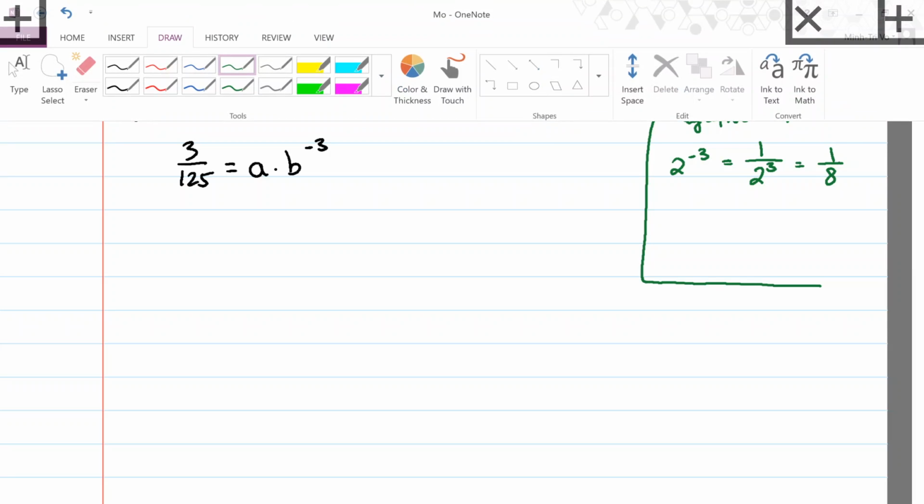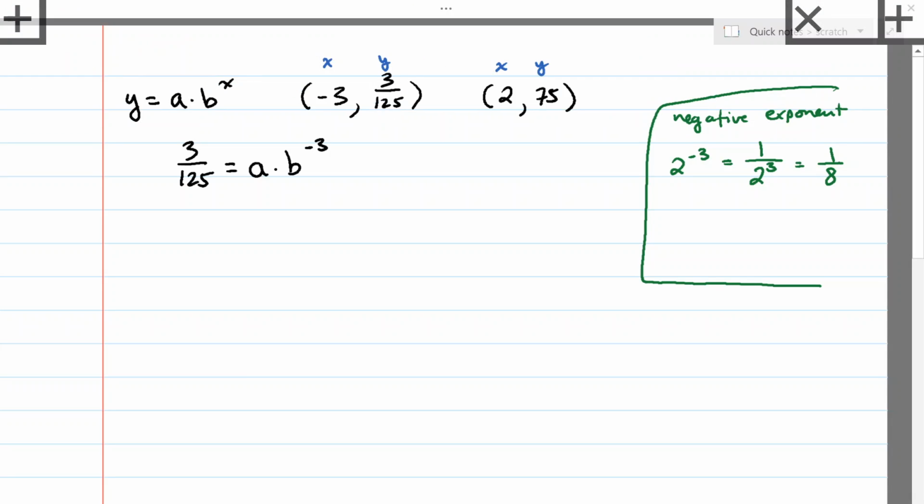So you want to treat the negative exponent by putting it into the denominator. What does that mean in our problem? This stays the same, and a doesn't have an exponent, so a stays in the numerator, and this b now needs to go into the denominator. Let me do it step by step.